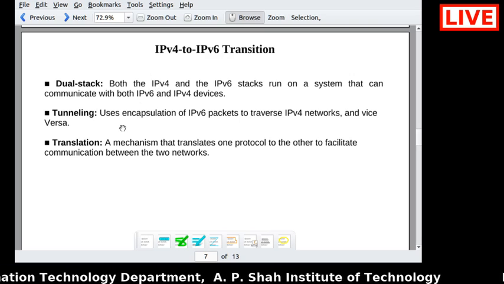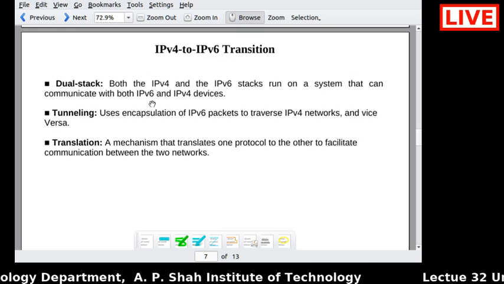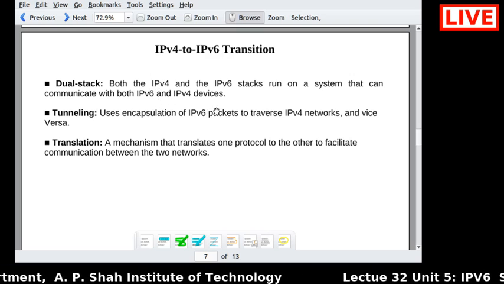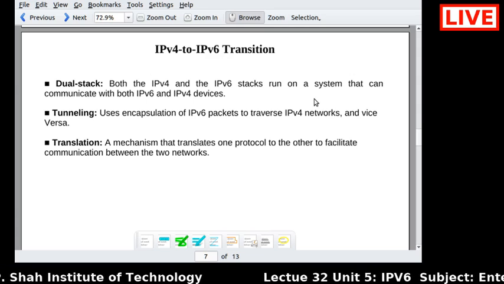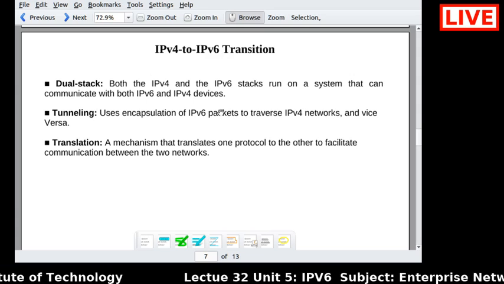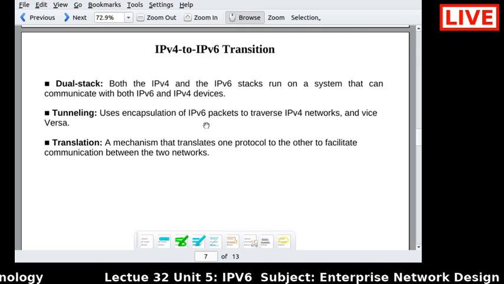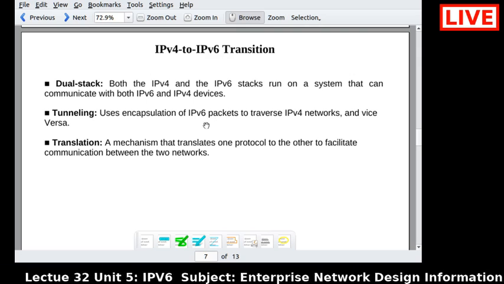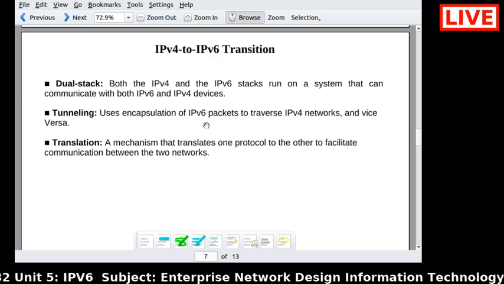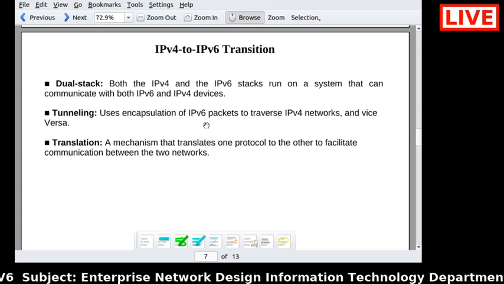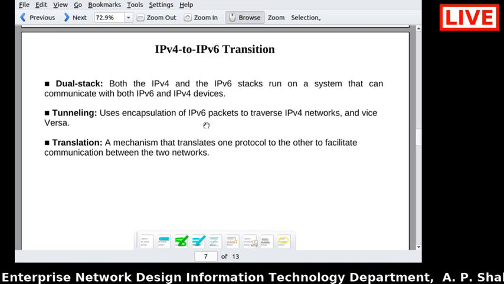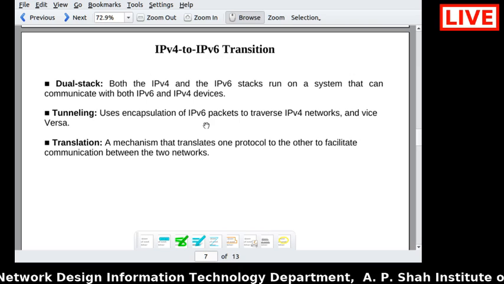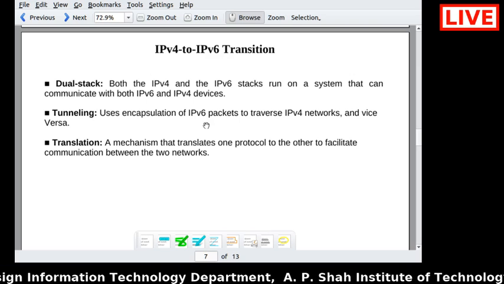Then the tunneling uses encapsulation of IPv6 packets to traverse IPv4 networks and vice versa. You know the concept of tunneling. There is an attack called a wormhole attack; if you study the wormhole attack, it can also happen in your tunneling part.